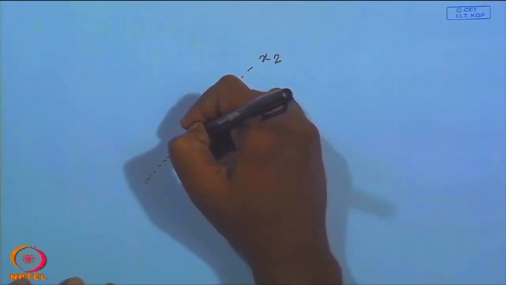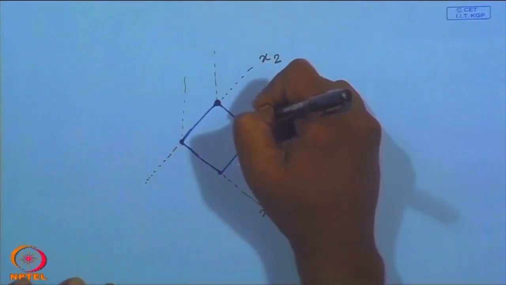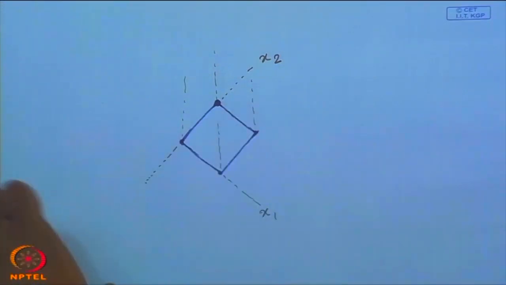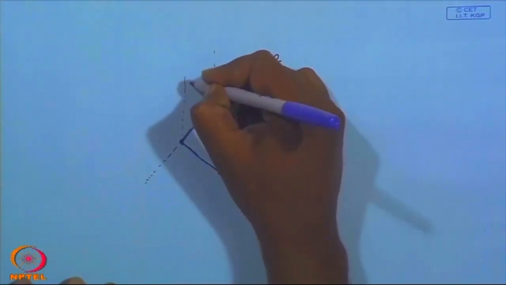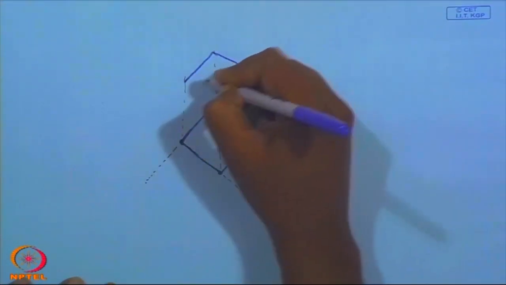Now, I can drag this square or rectangle in a direction which is perpendicular to the plane x1, x2. So, if I drag it in a direction perpendicular to x1, x2, like this, this was the plane, and I have dragged this plane in the direction perpendicular to x1, x2.